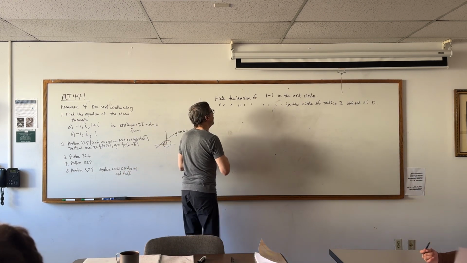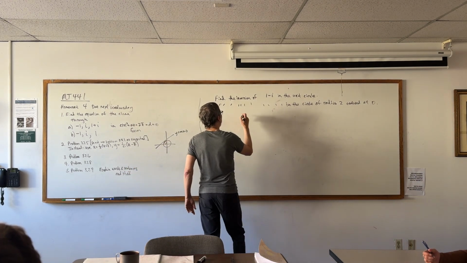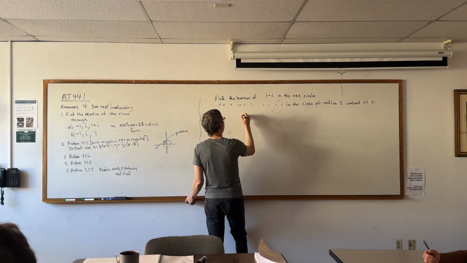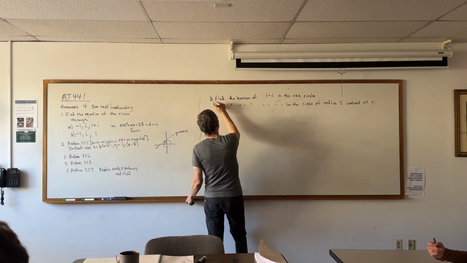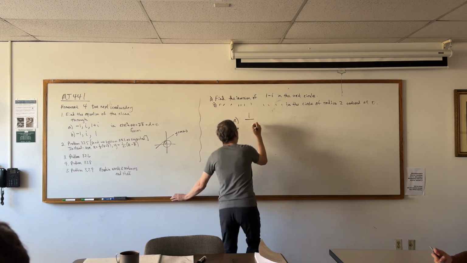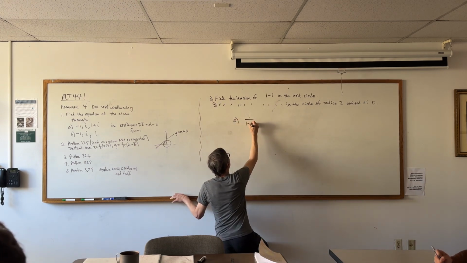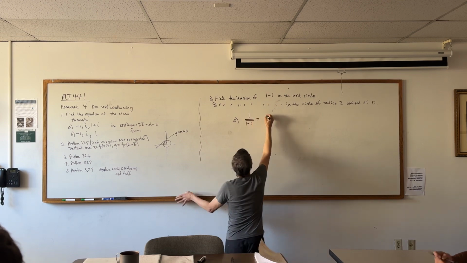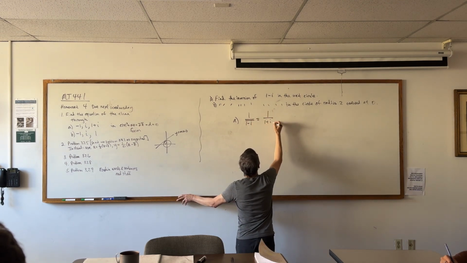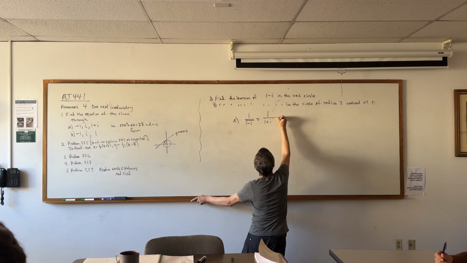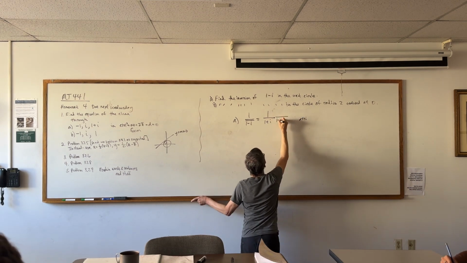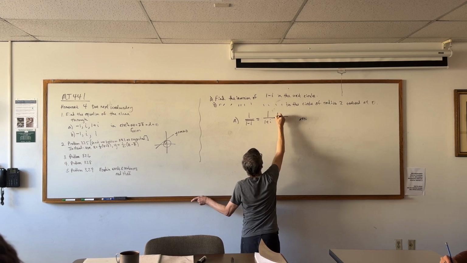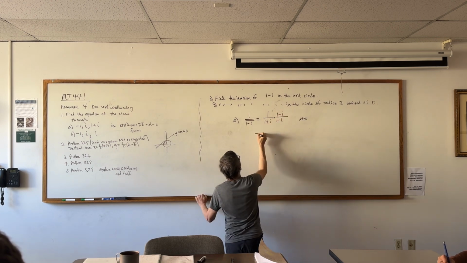All right, inversion of 1 minus i. Slow down here. That is just 1 over the conjugate of 1 minus i, and that is 1 over 1 plus i. Then I have to turn that into a plus bi form, so I multiply by the conjugate on the top and the bottom.